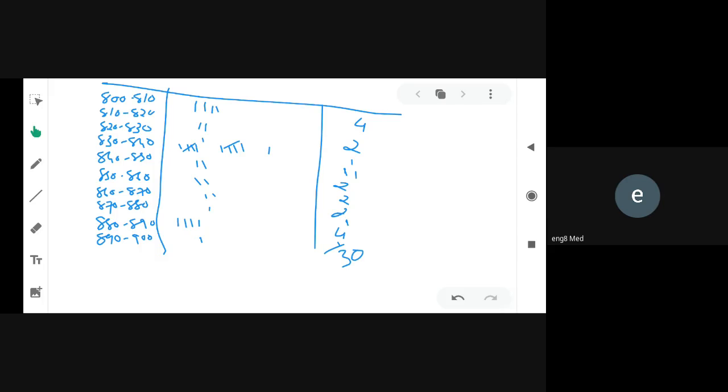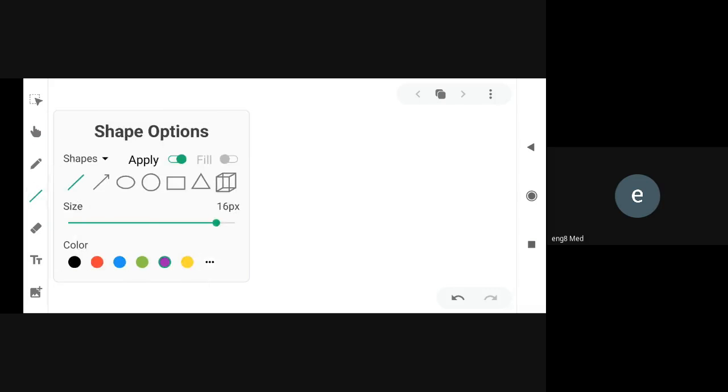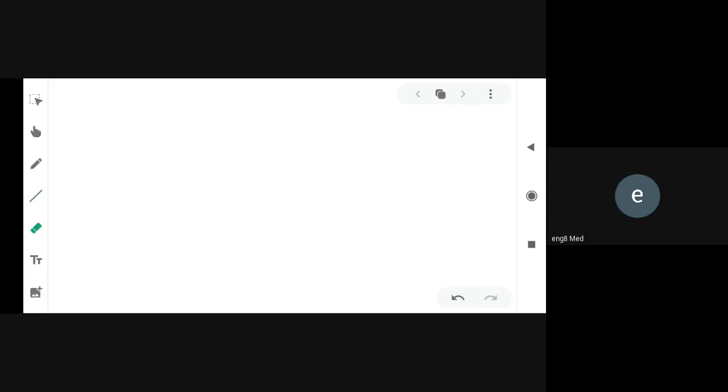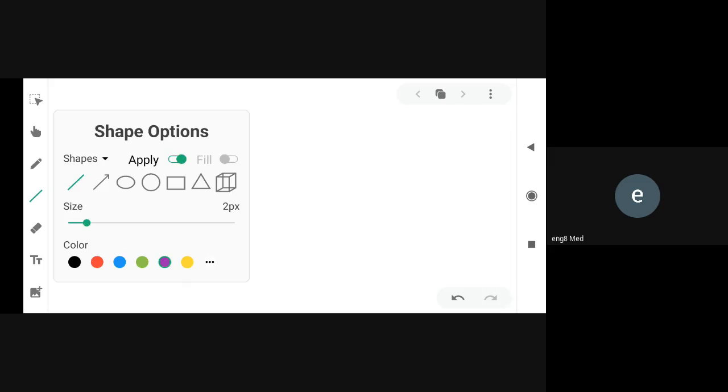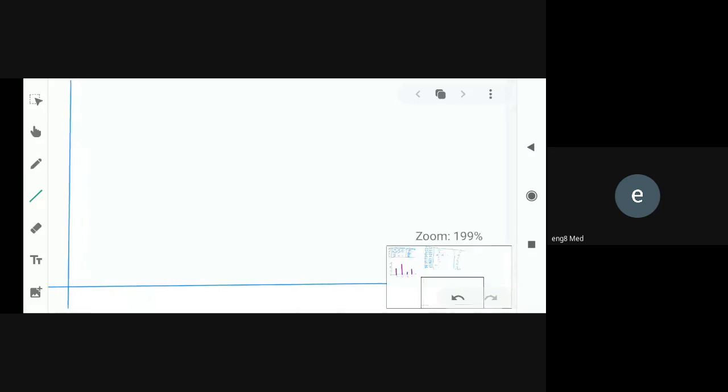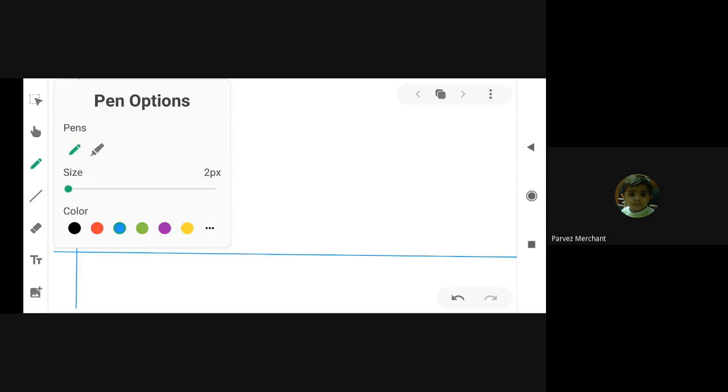Here all the data is given in groups, so it means we have to draw a histogram. How can we draw a histogram? Please see here carefully. First of all, we make the x-axis and y-axis. Please mute your mic.